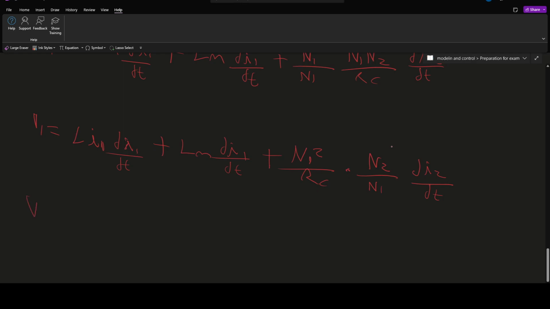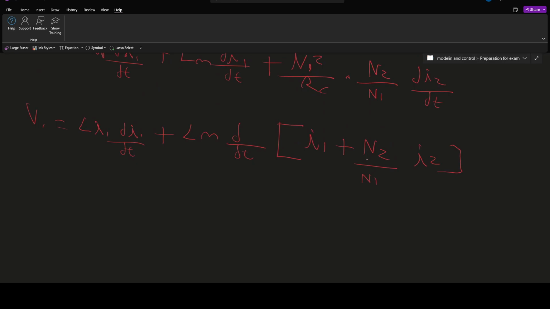So we can factorize to make things a little bit more clean, because we have Lm here and Lm here, and we have a derivative here, so we can factor those two, Lm and d/dt, and here we are gonna have this one, I1 plus N2 over N1 I2.